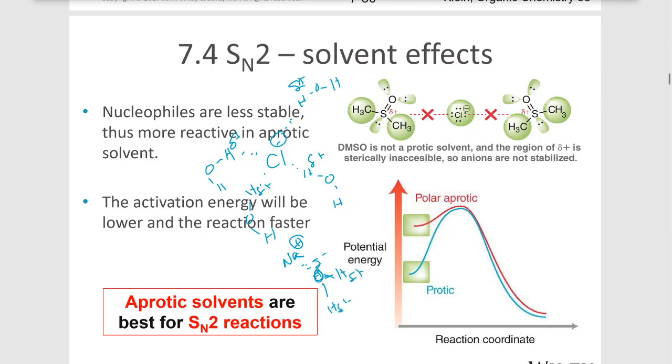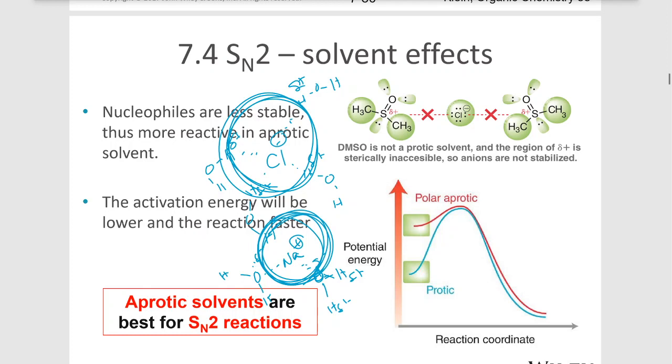And all the way around that sodium, we have these waters. That's why sodium chloride dissolves in water. So we form a solvent shell around the sodium with the negative end of the water, and we form a solvent shell around the chloride with the partial positive end of the water.